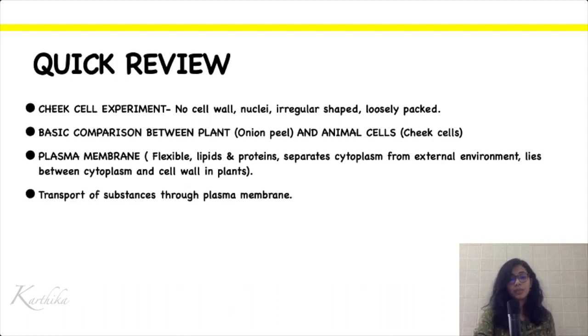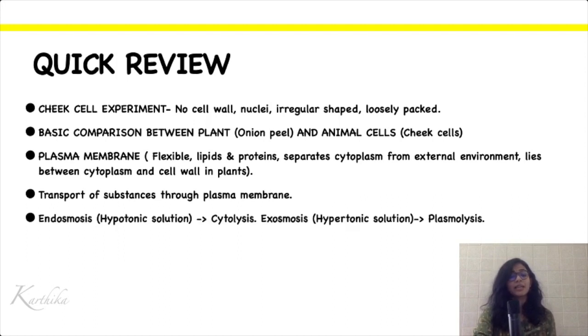Then we learned how the plasma membrane helps in the transport of substances to and from the cell and acts as a selectively permeable membrane. We learnt about endosmosis, which might lead to cytolysis, that is cell bursting in animal cells in hypotonic solution. And we learnt how exosmosis occurs in hypertonic solution and leads to plasmolysis.